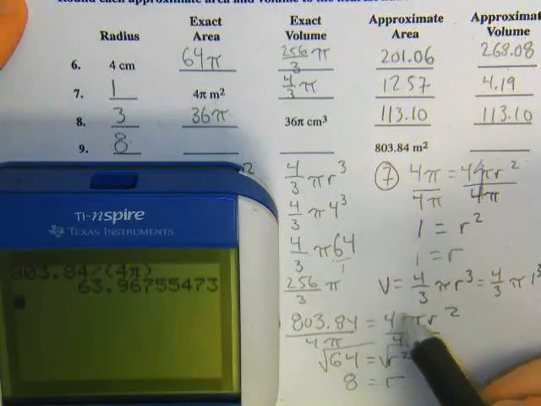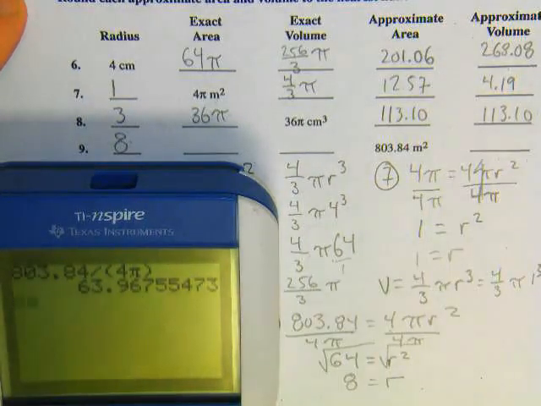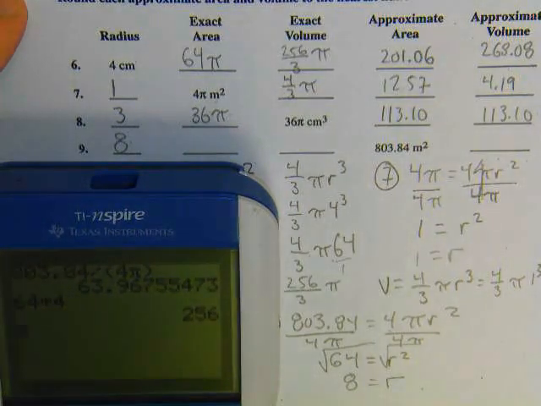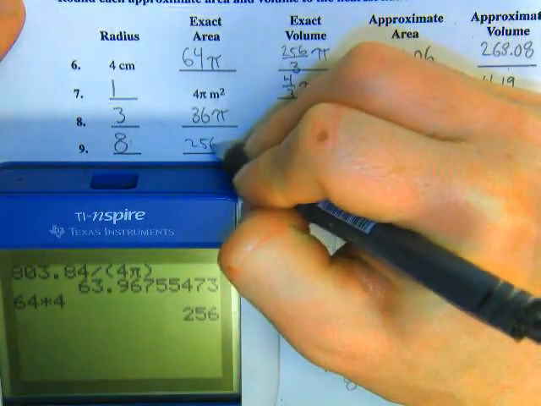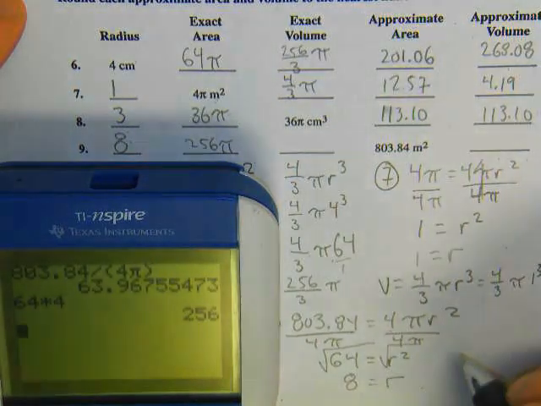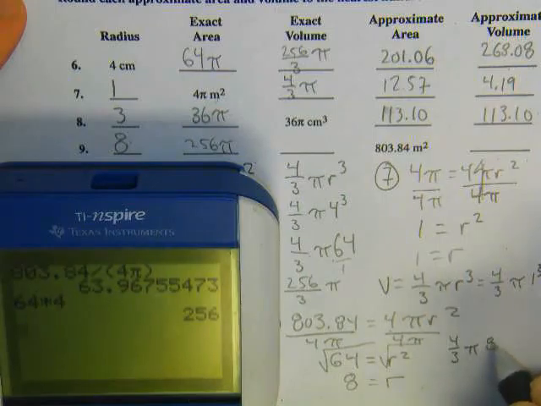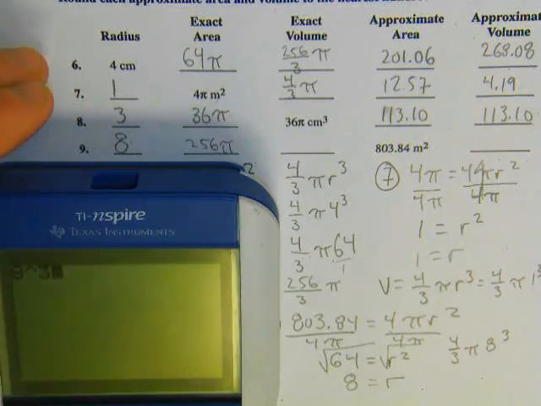4 times pi times 8 squared. 8 squared is 64. 256 pi. And then last part is 4/3 pi 8 cubed. So I'll go 8 raised to the third times 4.